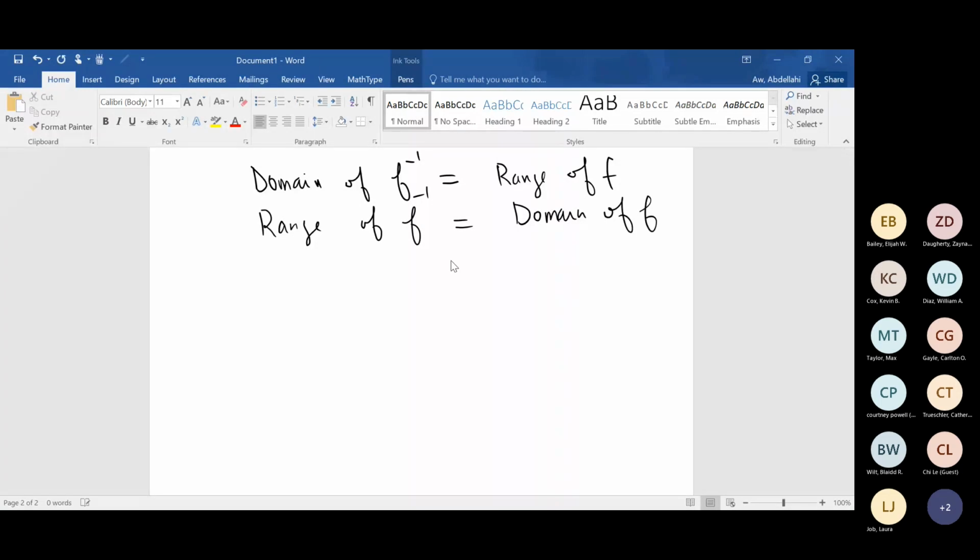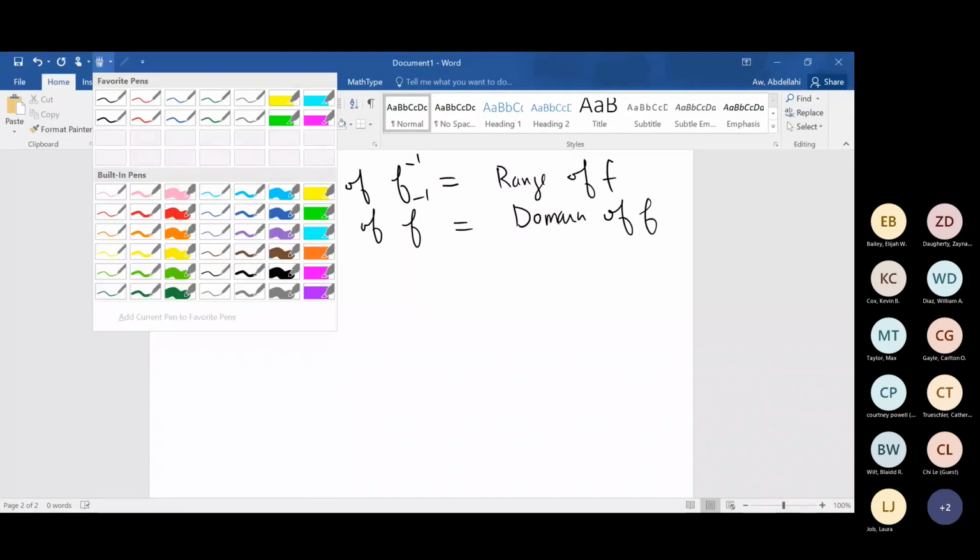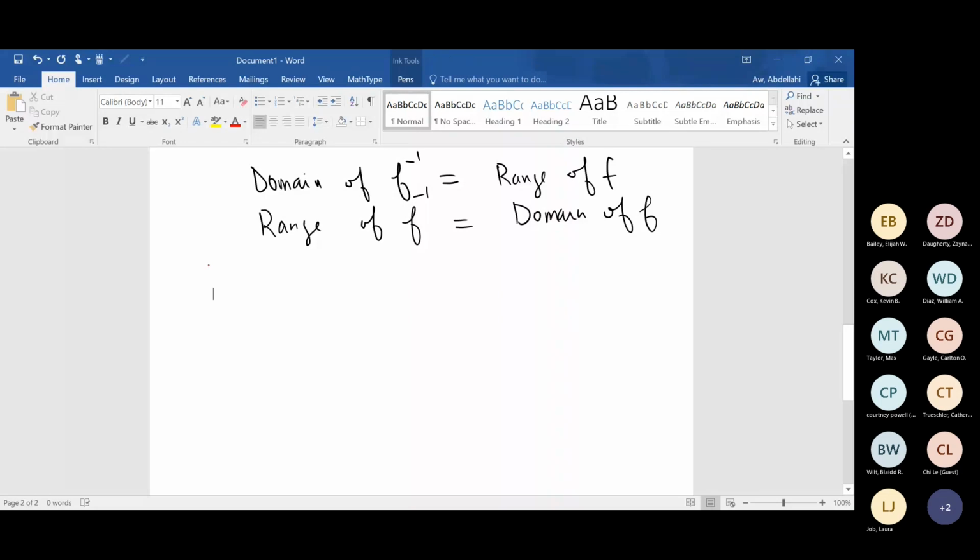But what you're going to do next is try to find how to get the inverse, right? Let's see this example right here. Let's do an example which is very simple: f of x equals x minus 3, right?